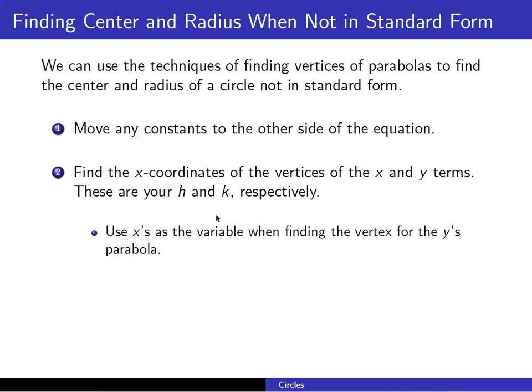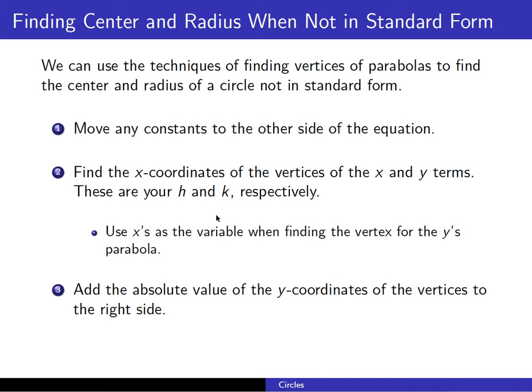The reason being is when you switch your x's and y's from graphing parabolas, you also switch your h and k coordinates of your vertex. So for finding the vertex of the y terms, we're going to type them into the calculator with x's instead.